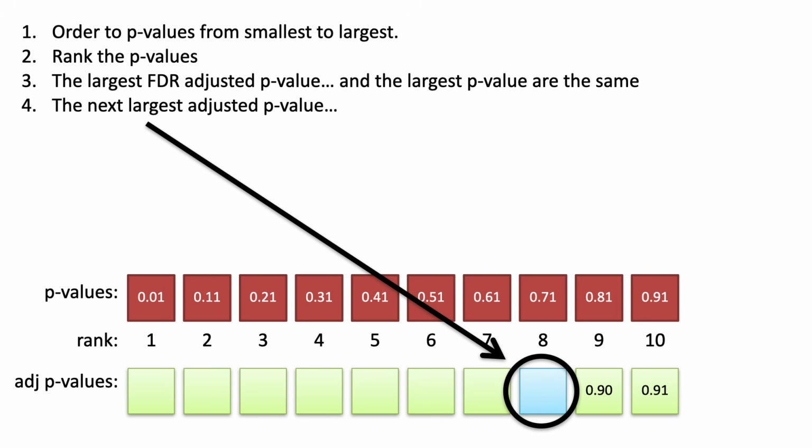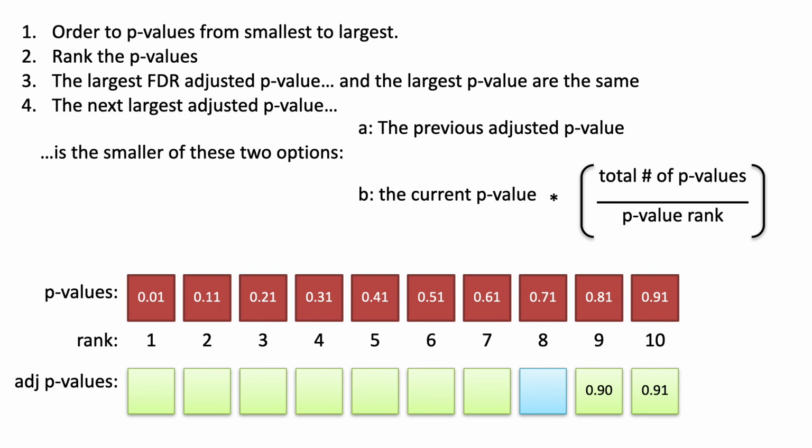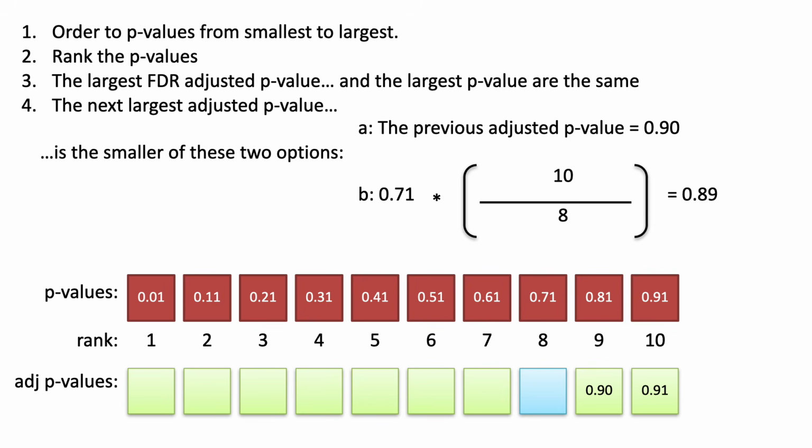For the next largest adjusted p-value, we just repeat step 4. That is to say, we select the smaller of these two options. Plugging in the numbers gives us the choice of 0.90 or 0.89. Since we use the smaller value, we go with 0.89.